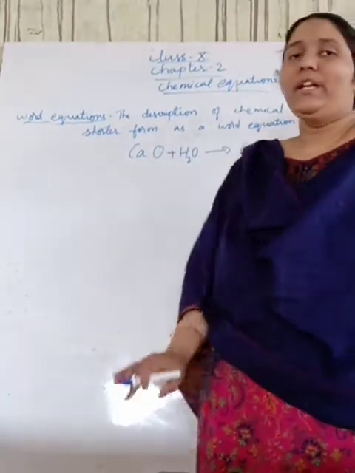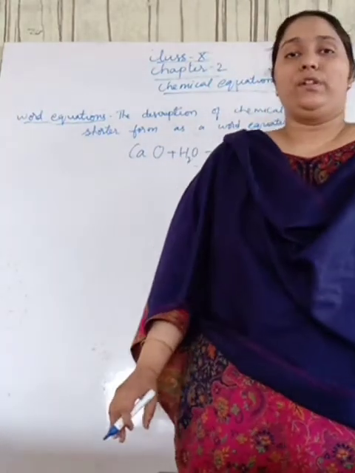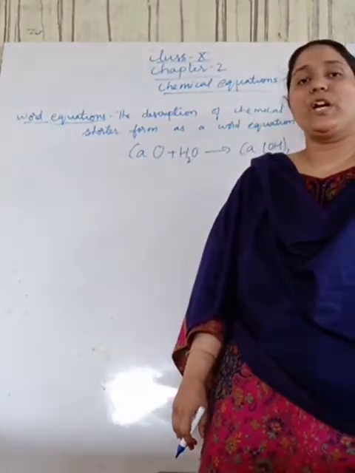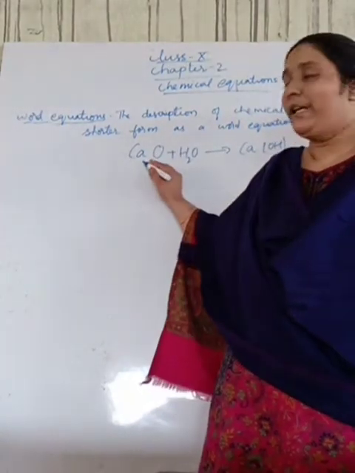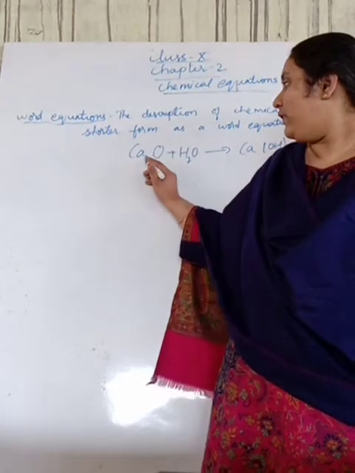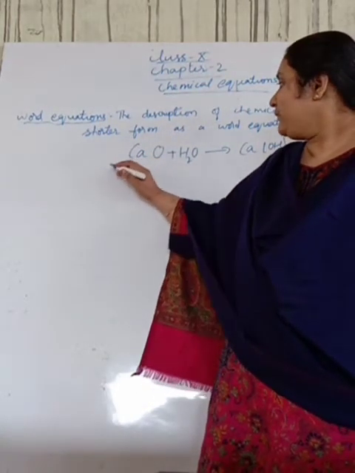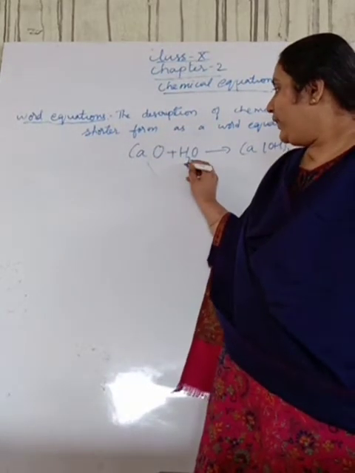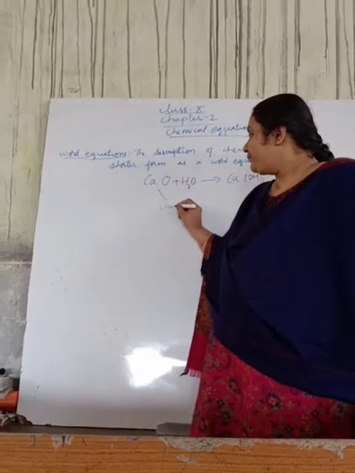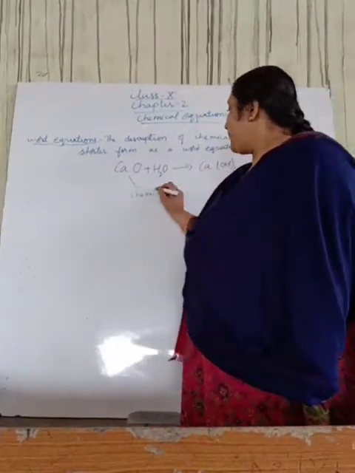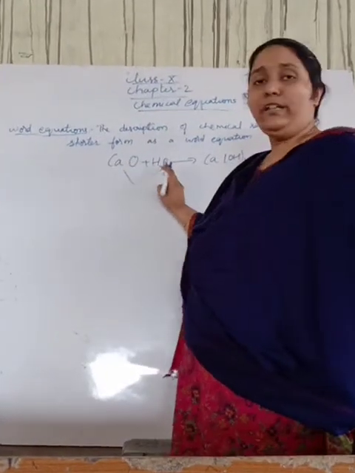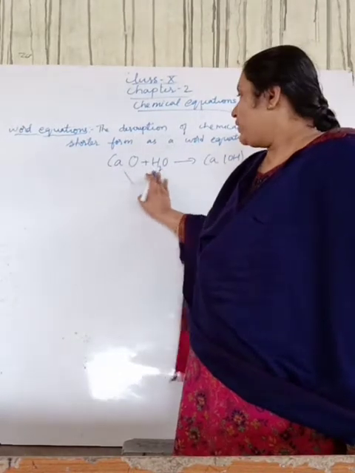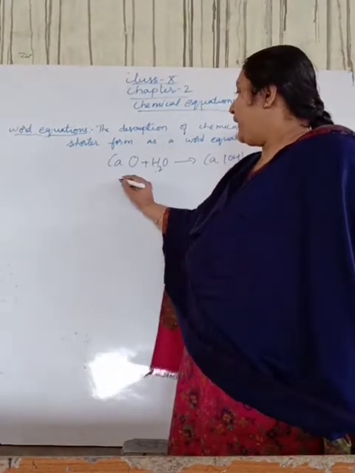Okay, so in a chemical equation, the substances which are undergoing a chemical change are called reactants. So we can see here calcium oxide plus water. These two substances are undergoing a chemical change, so these two are nothing but reactants.